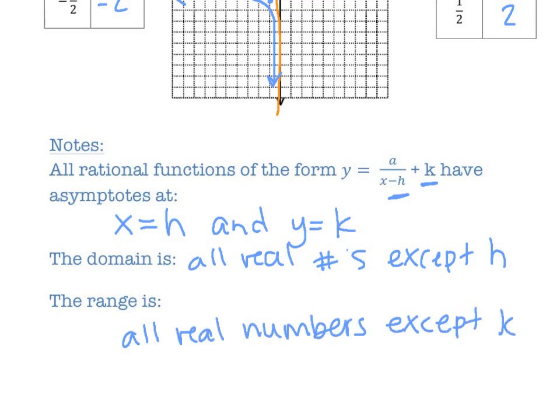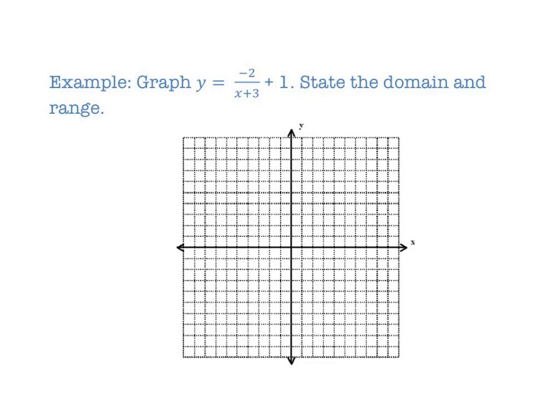So let's look at a more specific example where we actually graph it on the next slide. So we have y equals negative 2 over x plus 3 plus 1. So we want to graph it and state the domain and the range. Now remember with our h values, this is x minus h. So that would actually be a shift of 3 to the left.